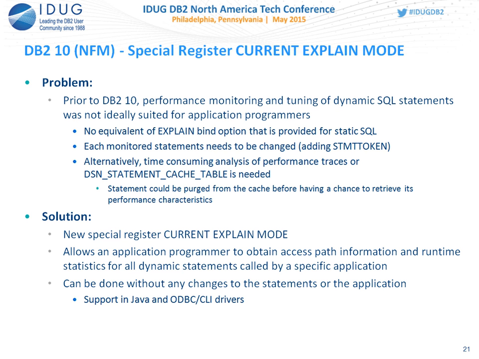With this special register, the application folks who may or may not have the authorization to execute the SQL against those tables can actually get their runtime stats as well as the explain information, right? Otherwise, prior to that, you'd have to make sure they put a token in, and they'd actually be cramming this stuff into your dynamic statement cache table, populating it with a whole bunch of stuff that nobody else cares about, for their individual application test. So the current explain mode special register is supported for JDBC and ODBC CLI.